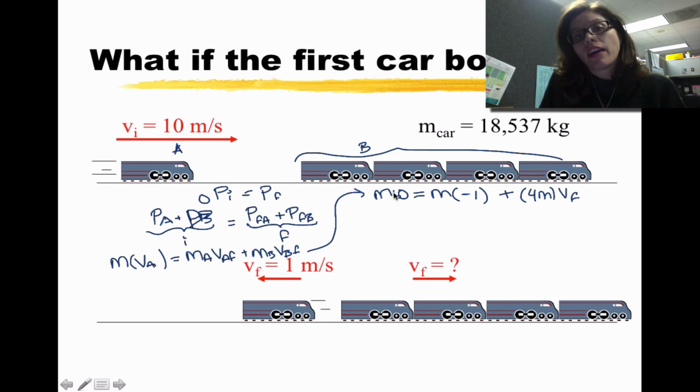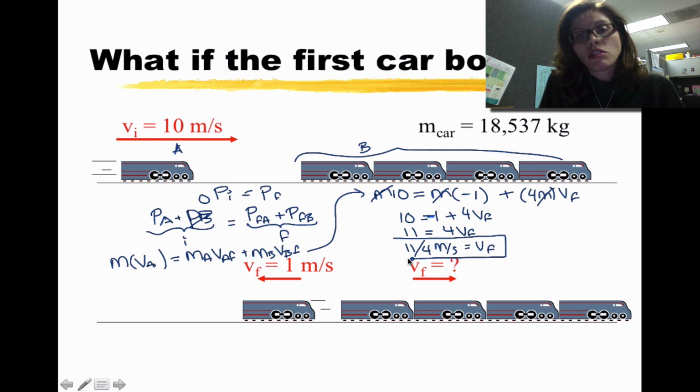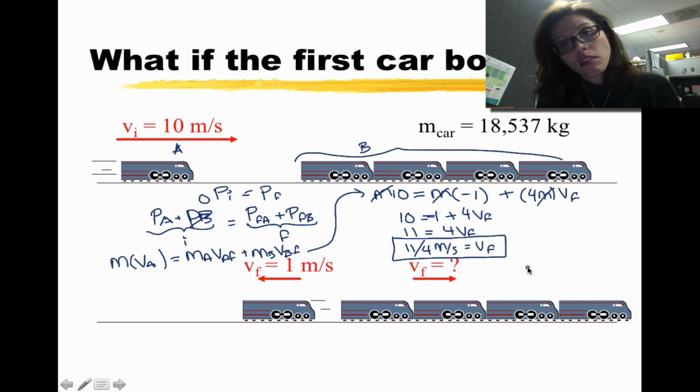And we solve for Vf. Well, there's an M in every single term, so we could divide that out. 10 equals -1 plus 4Vf. 11 equals 4Vf, so 11/4 meters per second equals Vf, which is a little bit bigger than 2, which we got before, which makes sense. When things rebound, they tend to go faster forward.